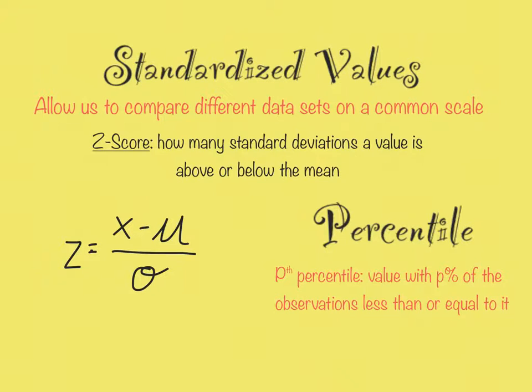Now we're going to do an example of a z-score. So let's say you go into your math SAT and you're feeling really good, and then you get your scores back and it says that math SAT scores have a mean of 500 and a standard deviation of 100, but you totally rocked it that day and you got a 750. So now we're going to calculate your z-score.